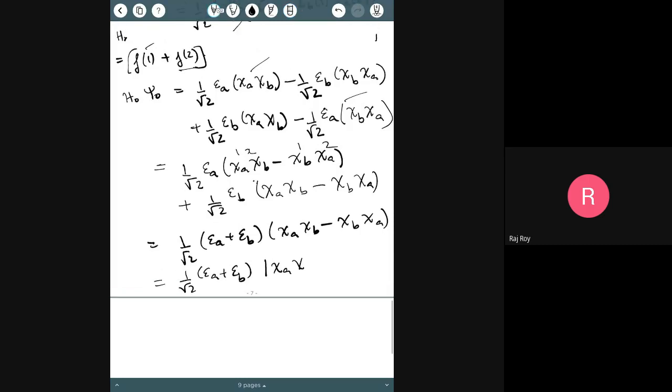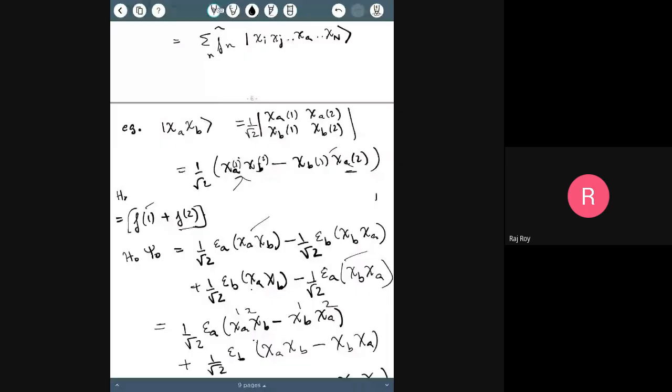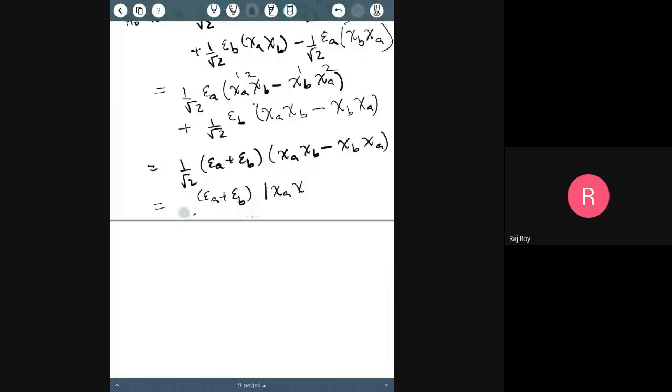So I forgot. So yeah, in Gauss the notation includes the 1 by root 2 factor, right? So remove that. That is this.